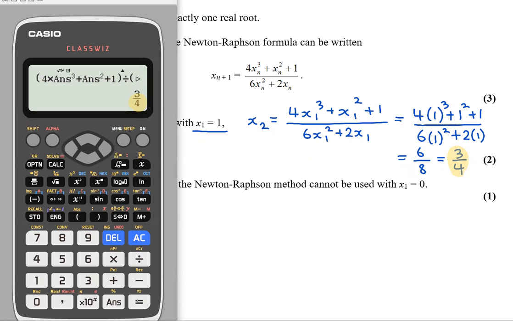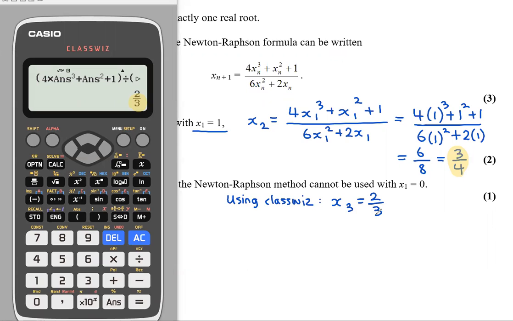Now, what's good is if I press equals again on the calculator, that will generate the next term. So that means that x3 is done for us without doing any extra work. So using the ClassWiz, x3 would equal 2 over 3.